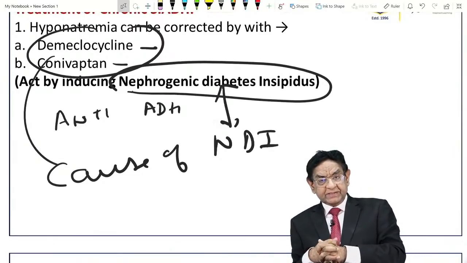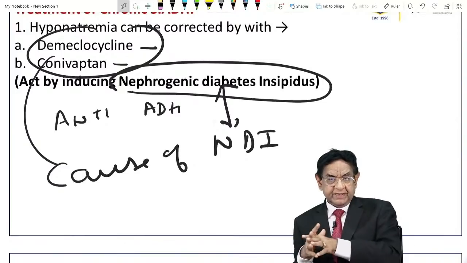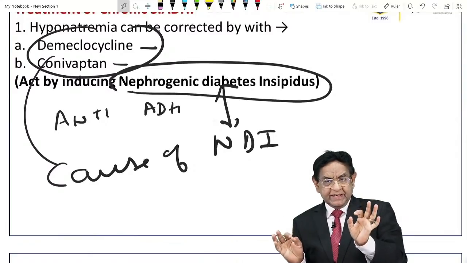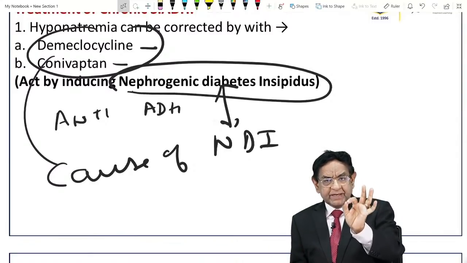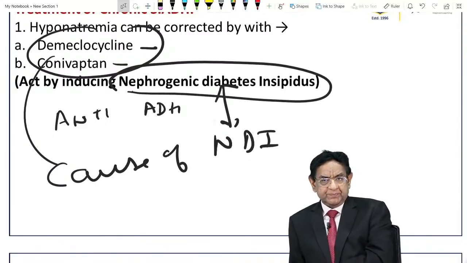Let me revise the entire SIADH only in 30 seconds. You have to answer the question. In SIADH, number 1, it comes in which category? It comes in the category of euvolumic hyponatremia.